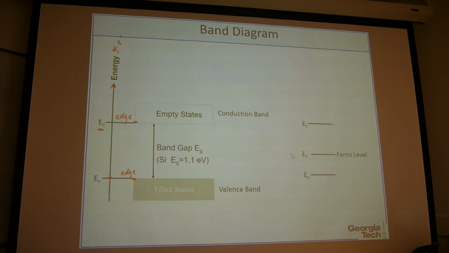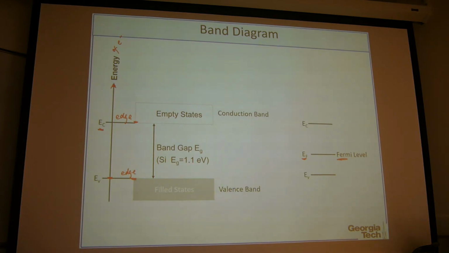And then we are going to introduce a conceptual energy level called the Fermi level, EF. We'll spend the next few slides on this Fermi level. But first of all, the Fermi level is normally inside the band gap, somewhere in the middle.